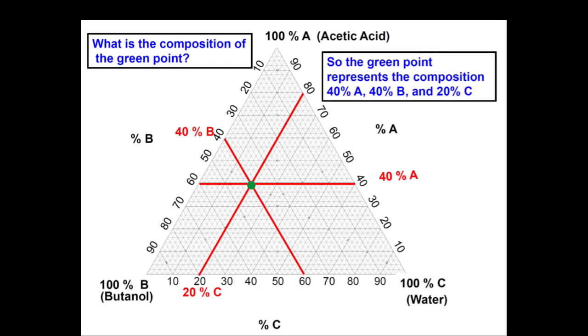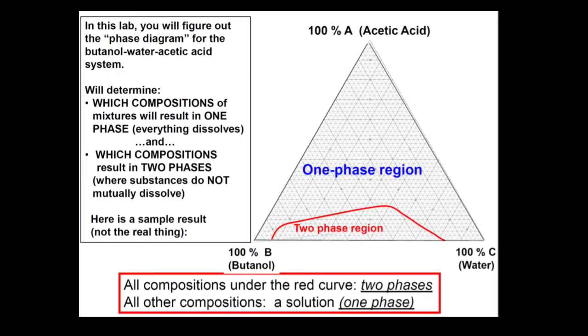And then you could see that if you go to the vertex opposite the 100% C, the line opposite it, that's 0% C, you only need to get to 20% to get to the red line, and the intersection of those three lines is that data point, that composition, 40% A, 40% B, and 20% C. So every single point on that triangular graph represents an individual composition, an individual percent of A, B, and C.